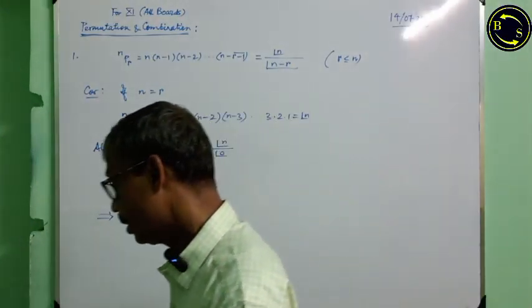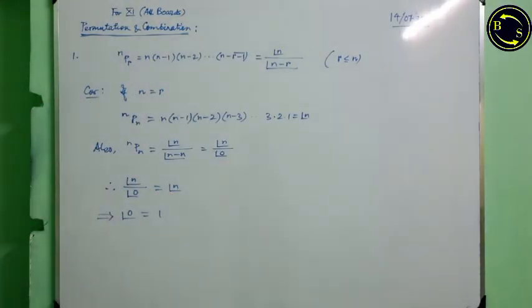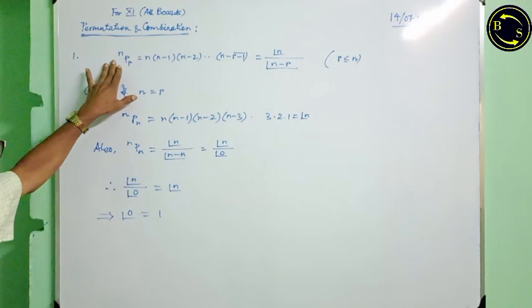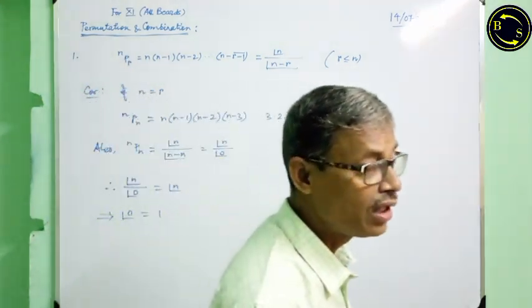Now, let me discuss the next issue. In this theory, n articles are taken to be different.